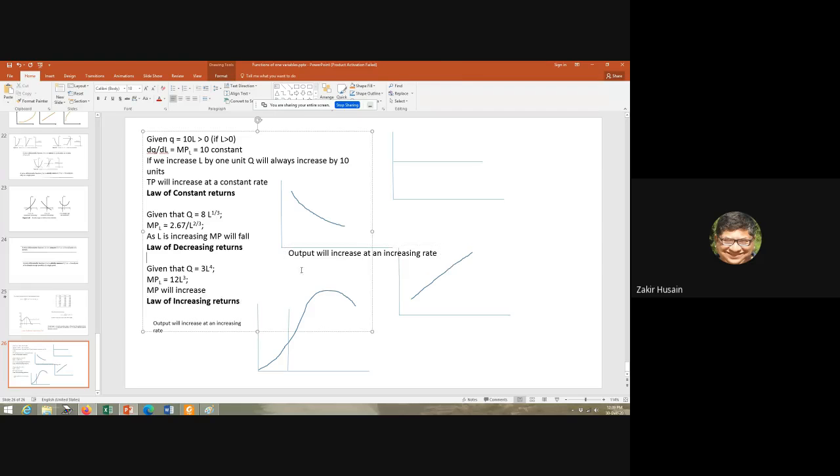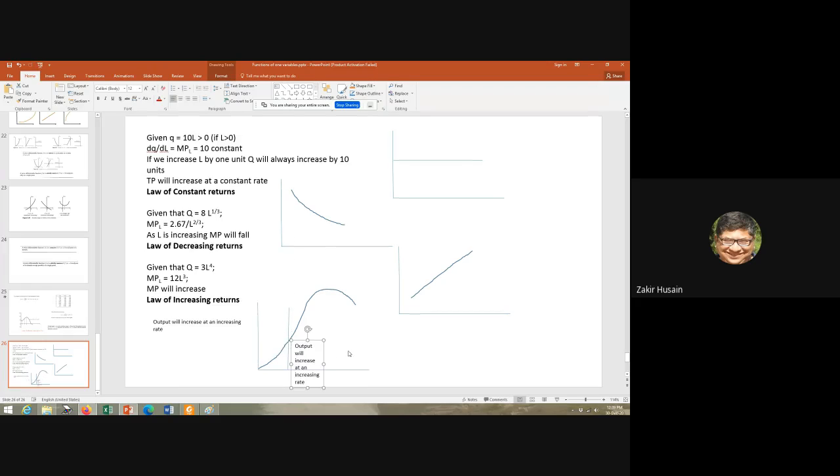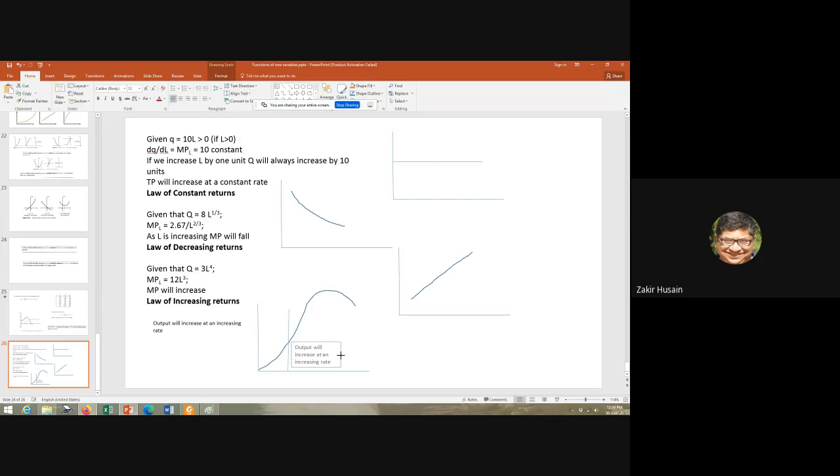In the second part, you can see that output is increasing, but it is increasing at a decreasing rate.